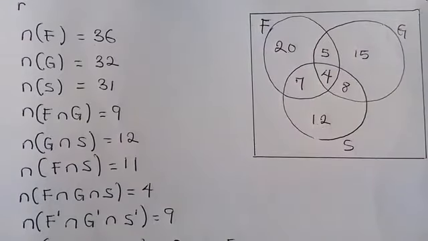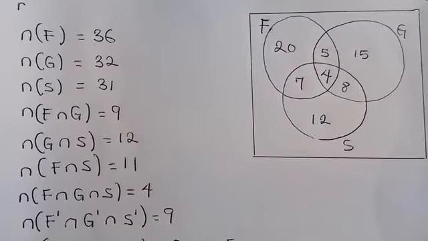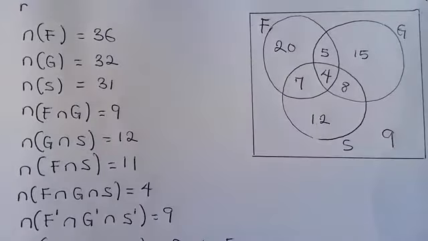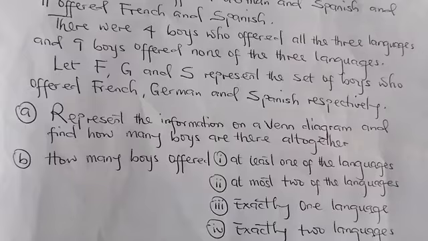But since they are part of that examination, since they are part of that universal set, we'll put them here outside. By this, we are done populating the Venn diagram. Represent the information on a Venn diagram and find how many boys are there altogether. That was the question we were asked. We have succeeded in representing the information on a Venn diagram.